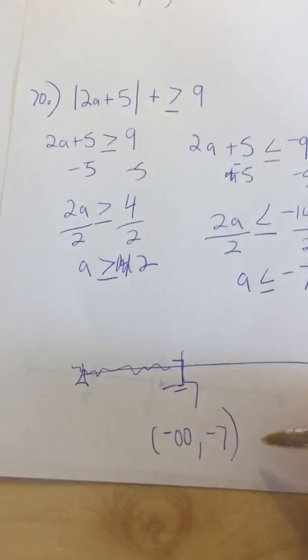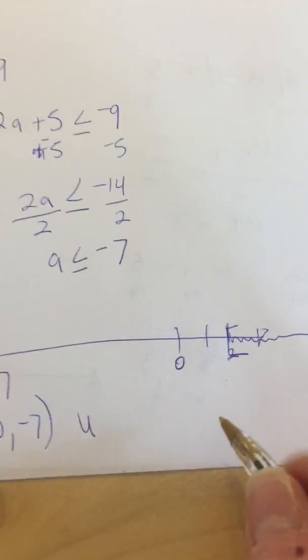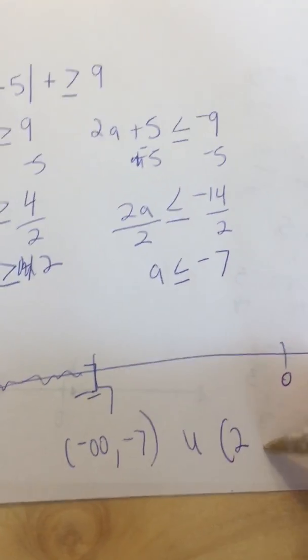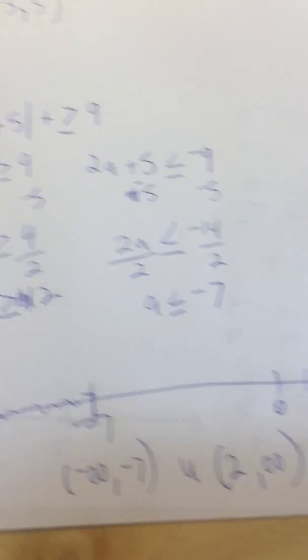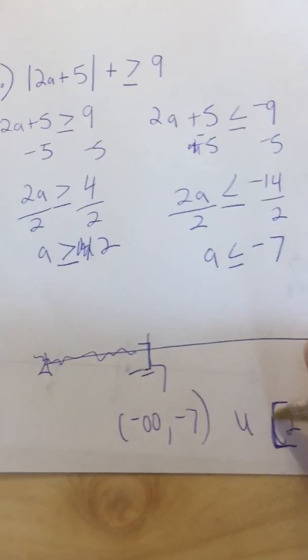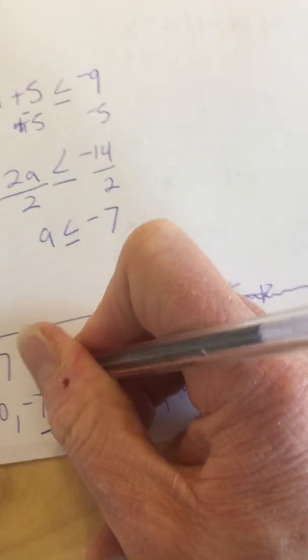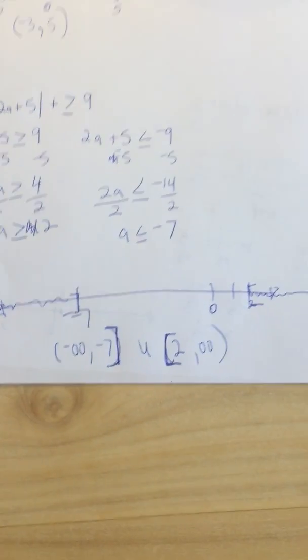And then it's going to be a union with this one, which is going to start at positive 2 and go on forever to infinity. And what I did forget is I need my bracket here because it's going to include 2, and I need my bracket here because it's going to include negative 7. So hopefully that all makes sense.